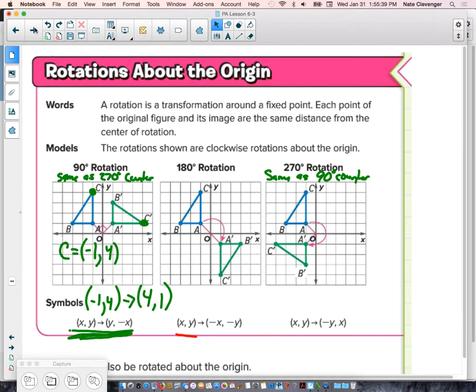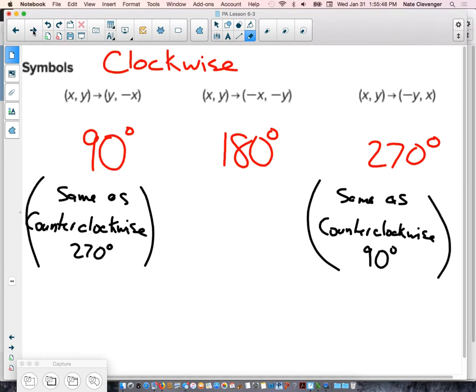So here's where we're at. For purposes of simplifying this, I need you to copy this down in the back of your book. This is our rotation notation. These notations each represent some clockwise rotation. That's why I have clockwise up there. Can we put the X and Y on it? Yes, that's what you need, the symbol notation to know that this notation is a 90-degree clockwise rotation.